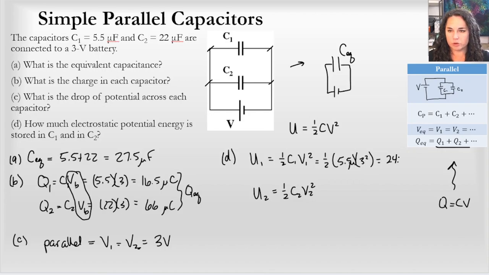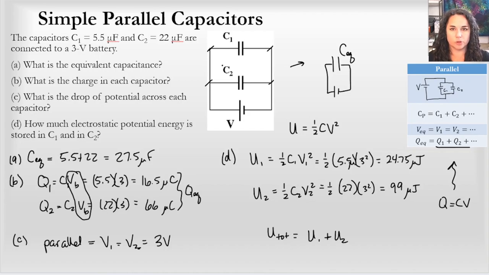This will be 24.75 microjoules. 1/2 times 22 times 3 squared. So that'll be 99 microjoules. Again, if you wanted to find the total energy stored in the system, you would just add them together.